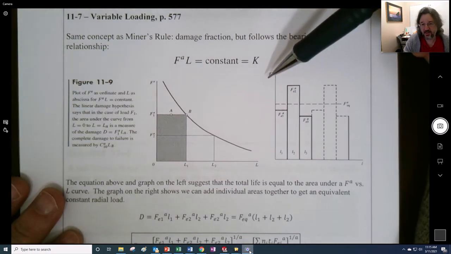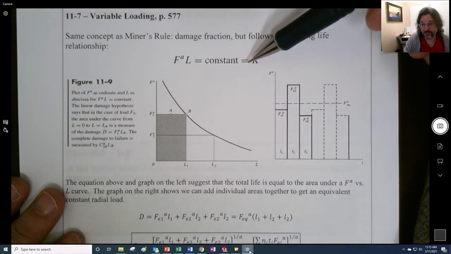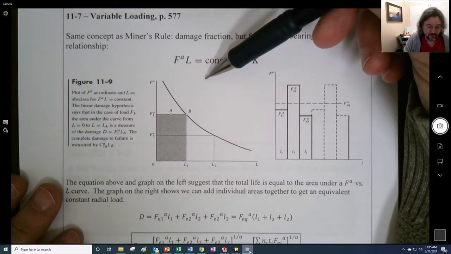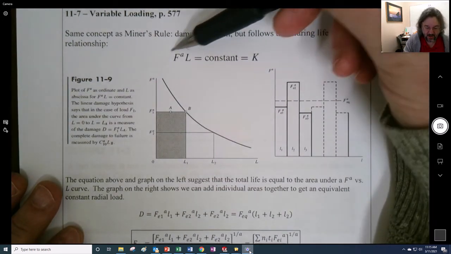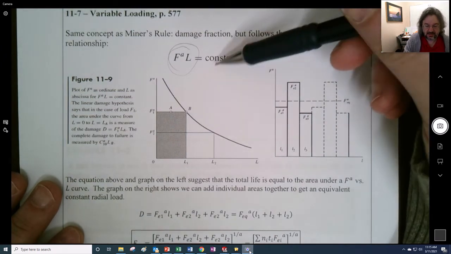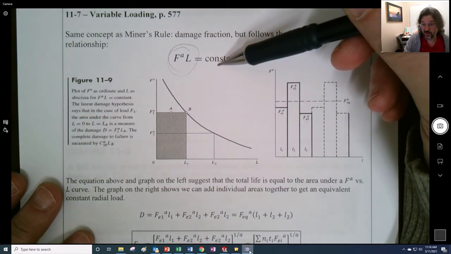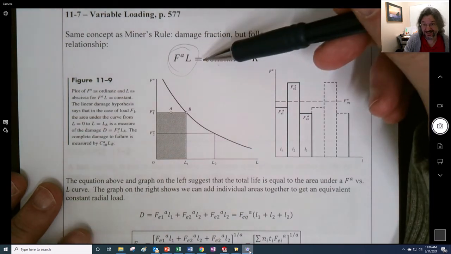We have something in bearing life that we also can do, right? So as a similar thing to that damage fraction, we apply that same idea that we were using for evaluating life in a bearing.